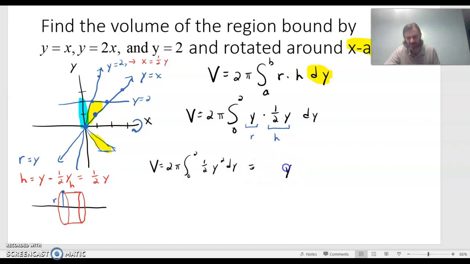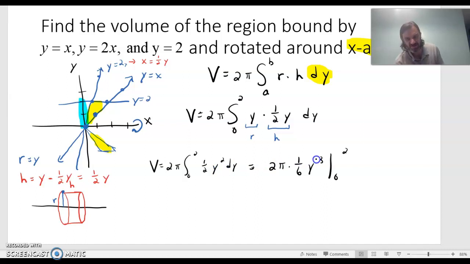Oh, let me not forget my 2 pi out front. It'll be times 1/6 y cubed from 0 to 2.